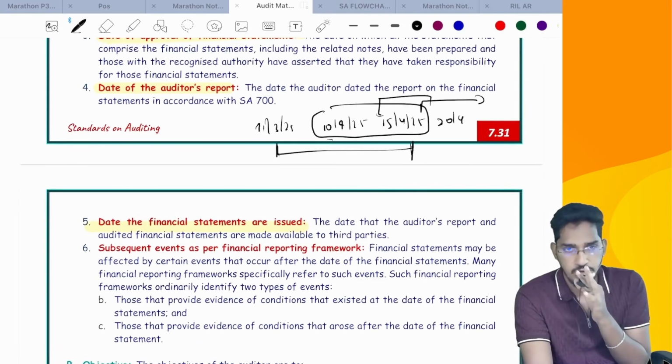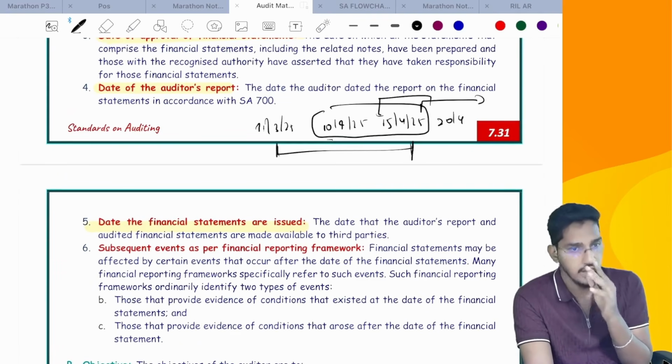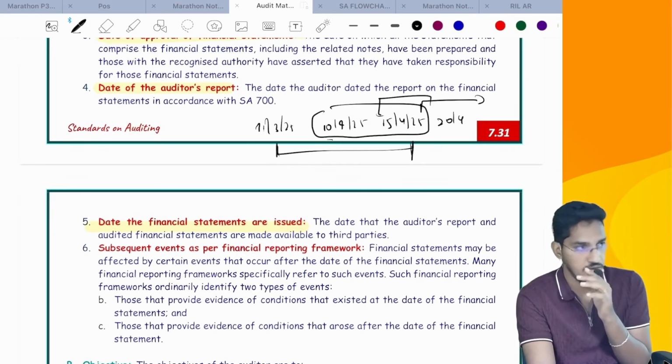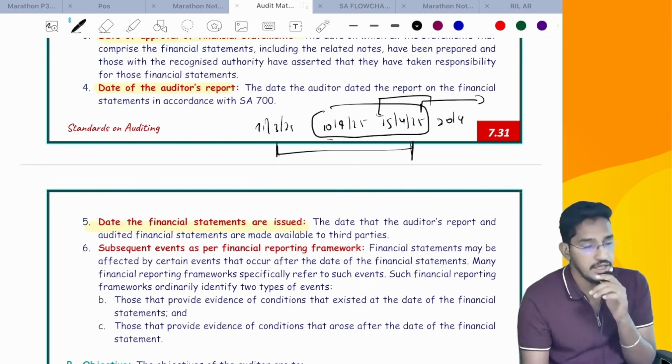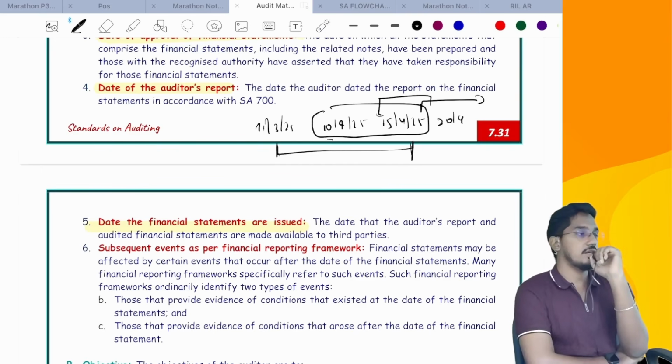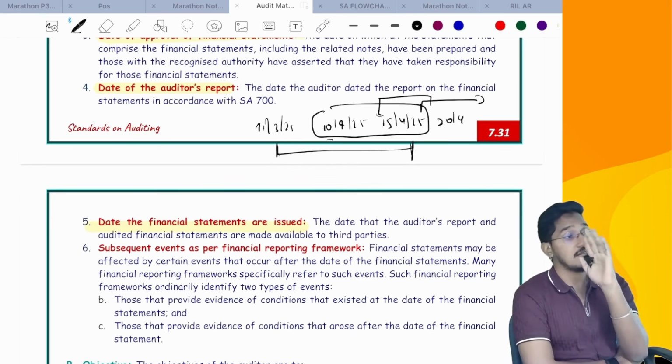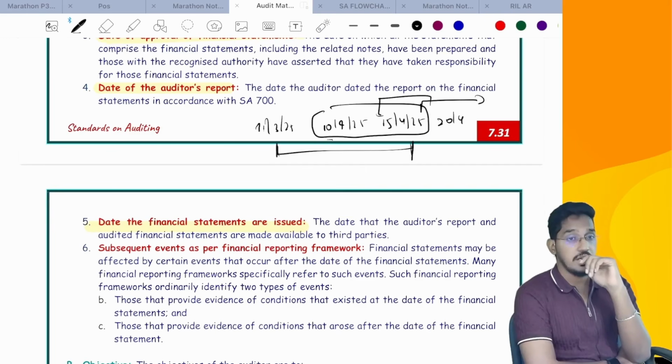Because if you came to know about the event before giving the audit report, whatever action you want to take, you can take it through your auditor's report only. So why do you need a separate standard for that? Not required. So we need guidance when things become complicated: you already gave and signed the audit report, then you got to know about an event, but that event has taken place in the past. So now the need will come.